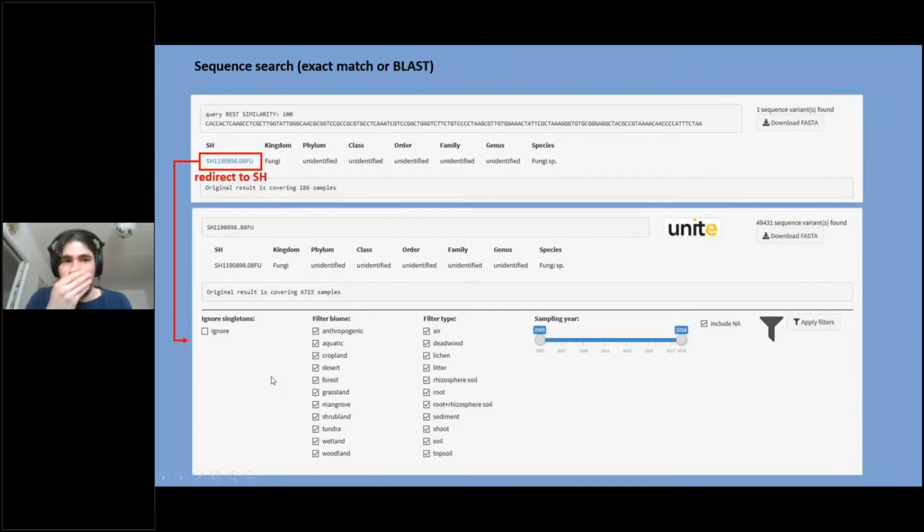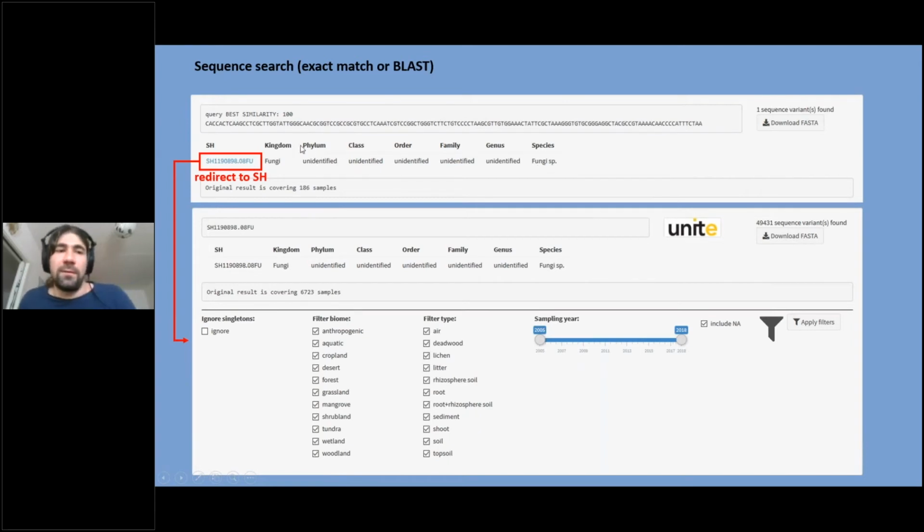So I randomly chose some ITS from some study, and I found out that it was found in our database, as some unidentified fungi.